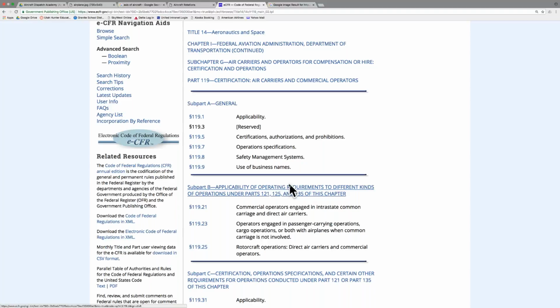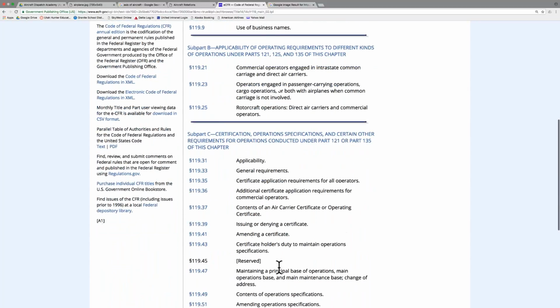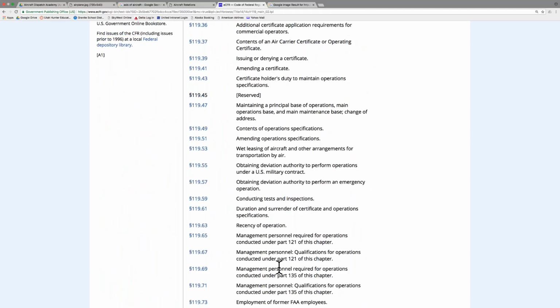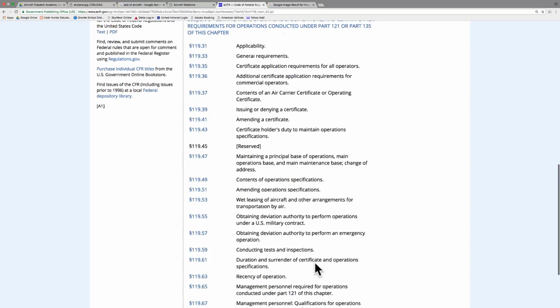Let's use them as an example, partly because of experience, and partly because a lot of our curriculum is based off of SkyWest procedures, although we're not directly affiliated with them. This is the stuff that they have to abide by to keep their certificate as an air carrier. That's what this section talks about.